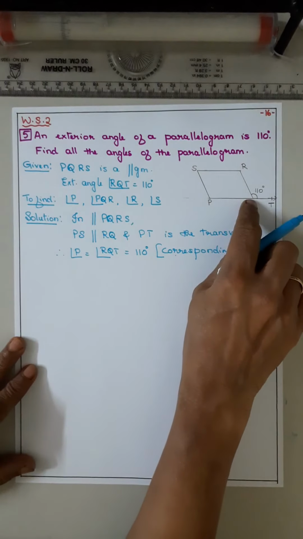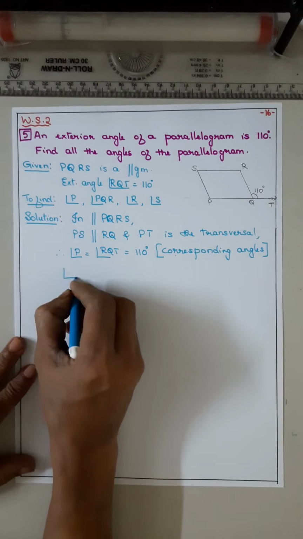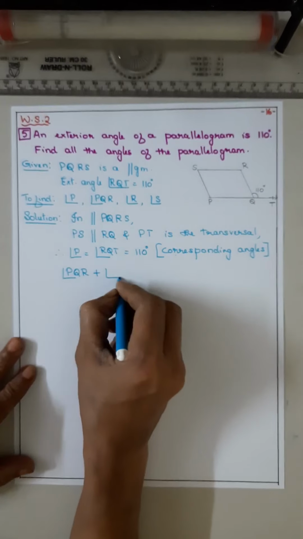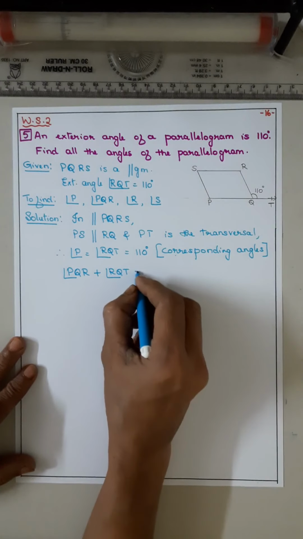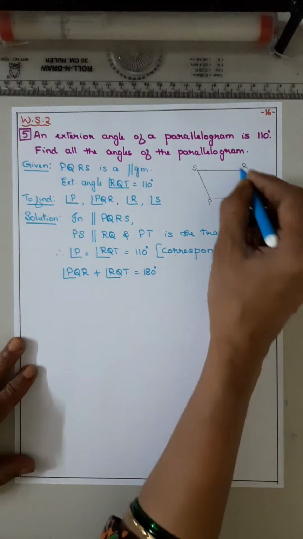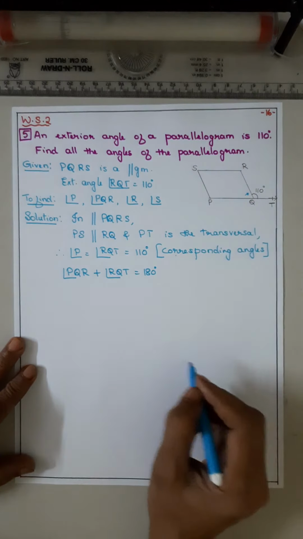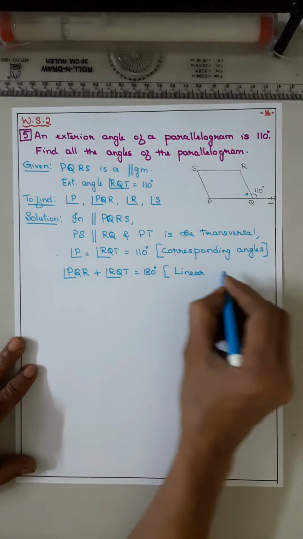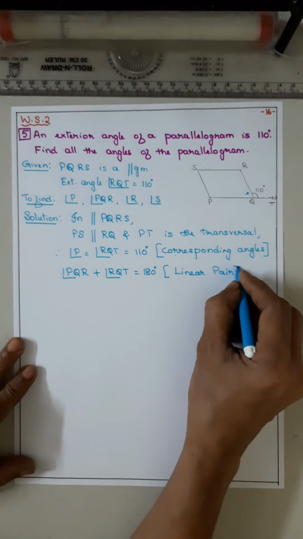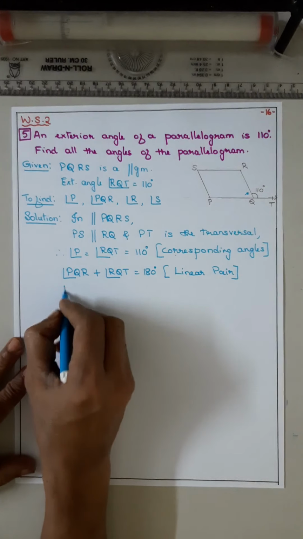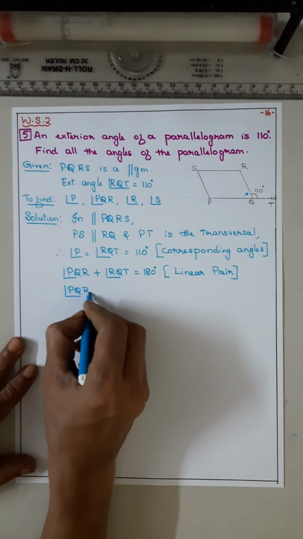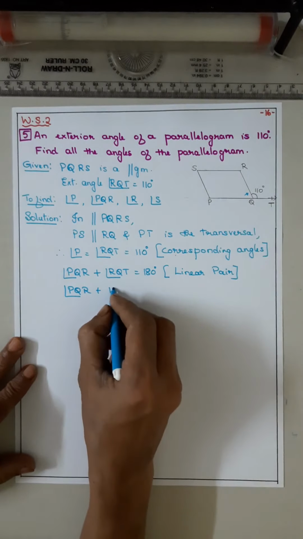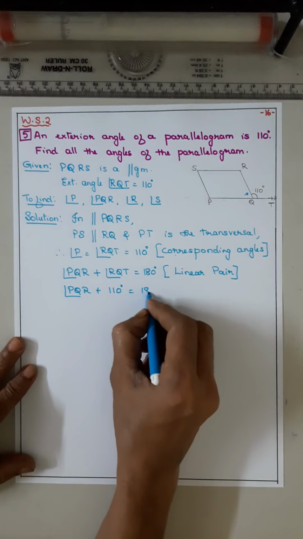Now coming to Q, angle PQR plus angle RQT should be equal to 180 degrees. Why? This angle and this together should be 180. It is a linear pair, isn't it? Now PQR we have to find out. RQT is given as 110, so 110 plus PQR is equal to 180 degrees.